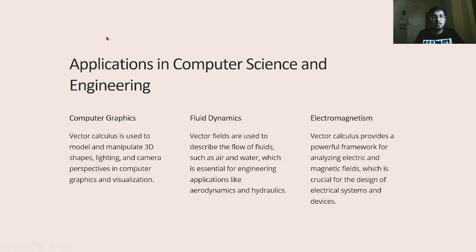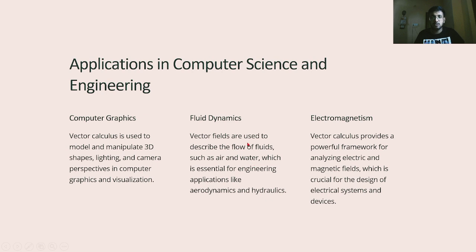Next, we have applications in computer science and engineering. Vector calculus is used to model and manipulate 3D shapes, lighting, and camera perspective in computer graphics and visualization. Fluid dynamics: vector fields are used to describe the flow of fluids such as air and water, which is essential for engineering applications like aerodynamics and hydraulics.